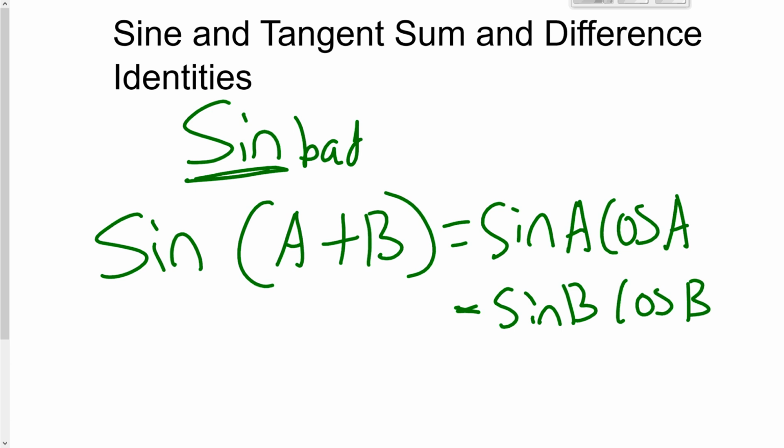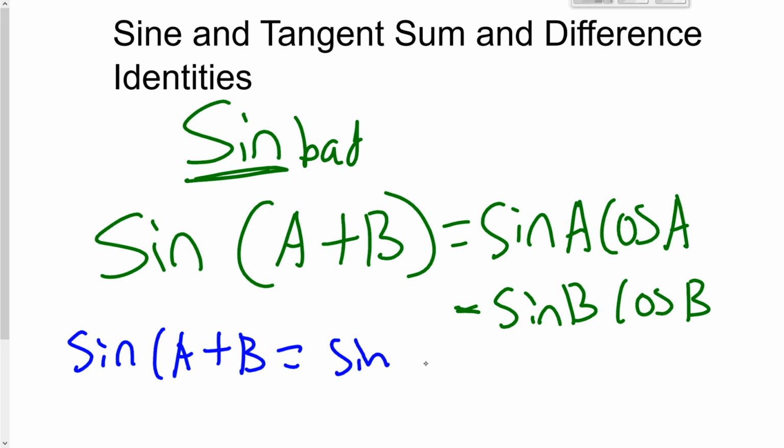So what you'll see in the book is you'll see something like this. It's usually written like this. And that's where I messed up here. And their signs are actually the same.